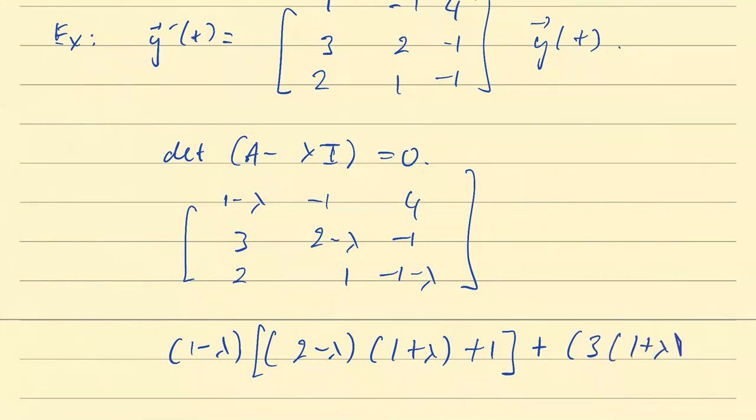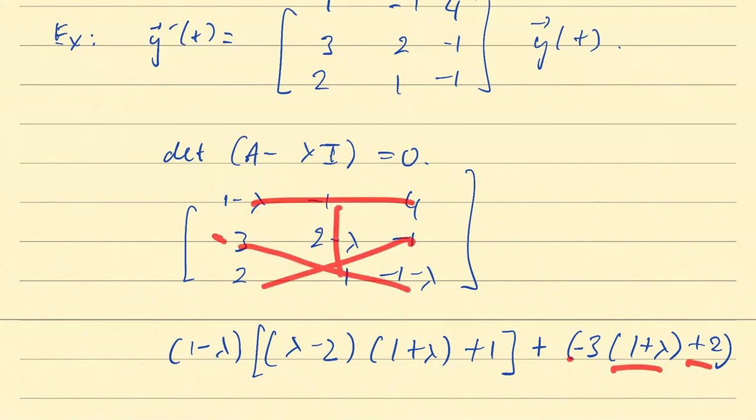Oh, sorry, I think I did it wrong. Let's see if I did something wrong here. If I do 2 minus lambda times this, it should be lambda minus 2. So 1 minus lambda times lambda minus 2 times 1 plus lambda plus 1, and then this first is minus 3 times 1 plus lambda, and then minus 2 becomes a plus 2.